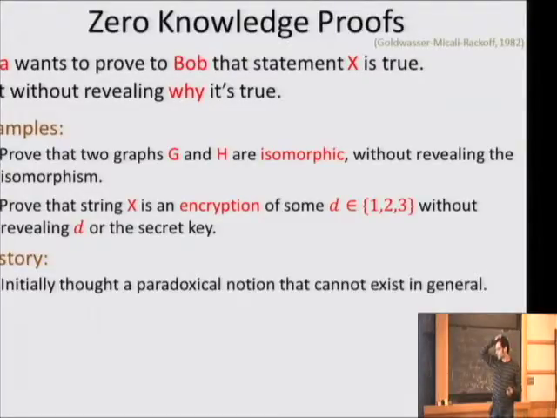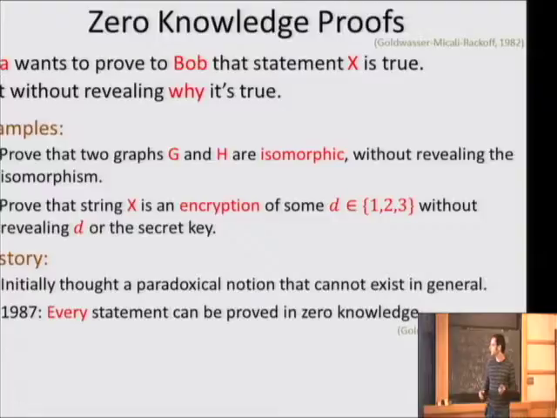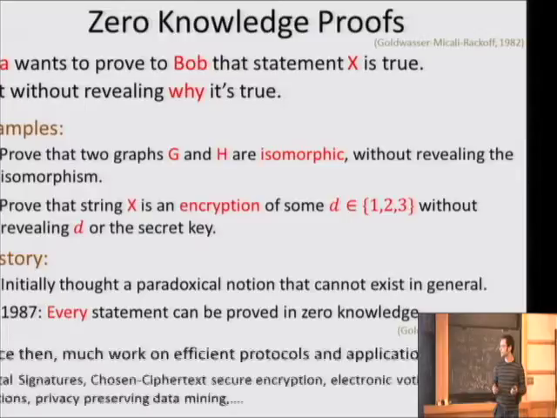And there is something paradoxical about this, and when people first came up with it, it seemed like maybe a very unique and bizarre phenomenon that applies only to very particular cases. But then Goldreich, Micali, and Wigderson showed that basically every statement can be proved. If you can prove it, you can actually prove it with zero knowledge. And now it's very much used.